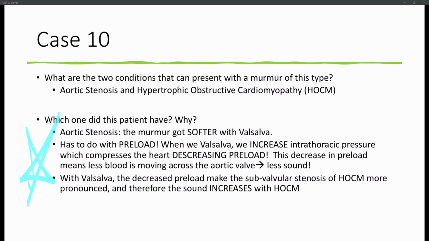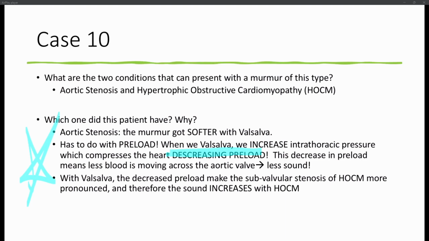Okay, so preload. When we Valsalva, we're increasing the intrathoracic pressure. When that happens, that pressure compresses the chambers of the heart. They can't fill as well because of the increased pressure from the lung, or the intrathoracic pressure. When you do the Valsalva, you decrease your preload.